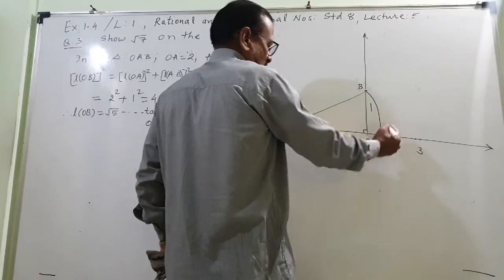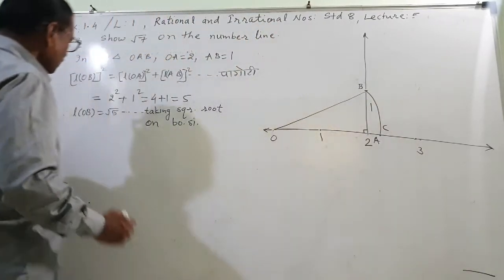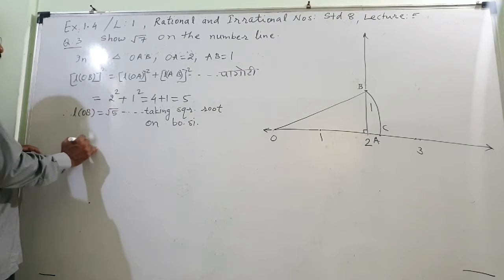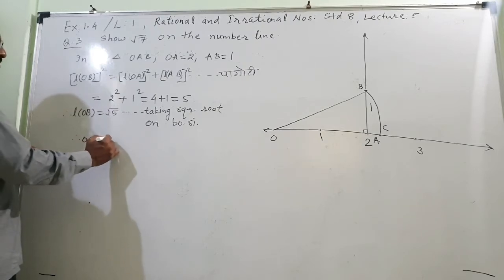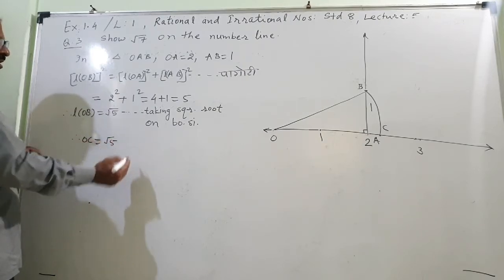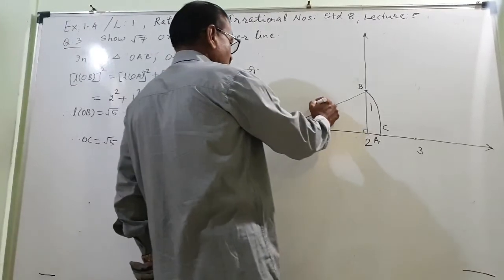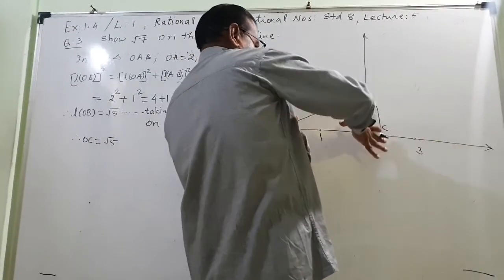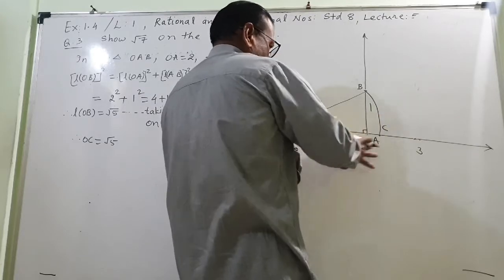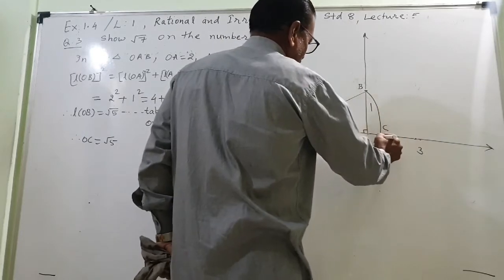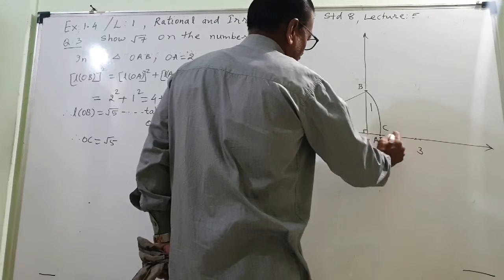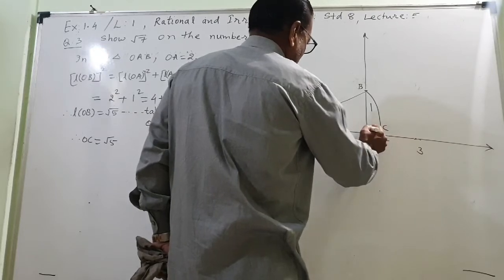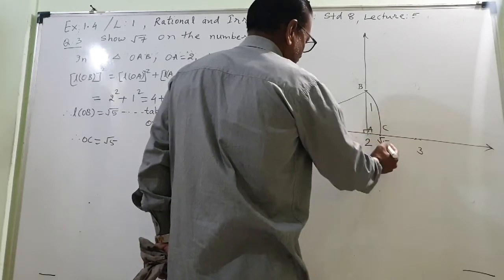This is point C. Therefore, OC is also root 5. OB is root 5, this is the circle part, so this is also root 5. This point A I will write here to avoid all the khichdi.